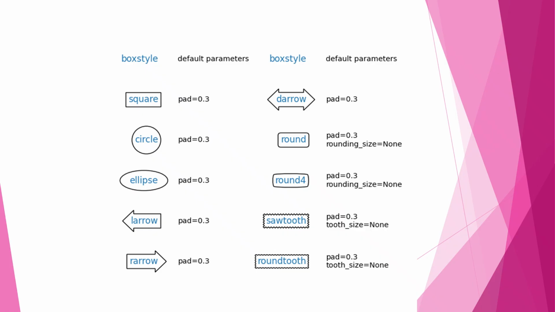Rounded styles like round and round4 give smooth corners, while styles like sawtooth and roundtooth add decorative edges. Each box style can be adjusted using parameters like padding to control spacing and other properties like rounding size or tooth size. Choosing the right box style helps to make annotations more visually appealing and improves how information is highlighted in the plot.